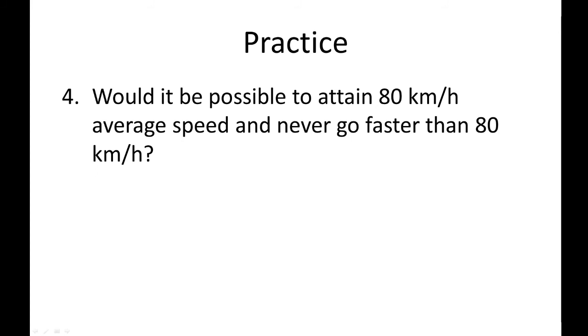If you get the average of, let us say, 0 km per hour plus 40 km per hour plus 80 km per hour, you would get an average speed of less than 80 km per hour. So in order for the average speed to be 80 km per hour and not less, the car or the object should go faster than 80 km per hour.